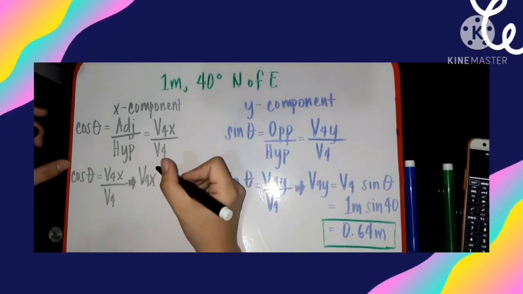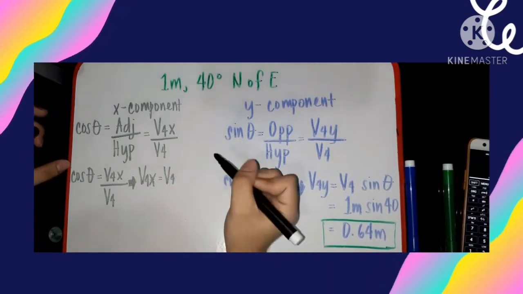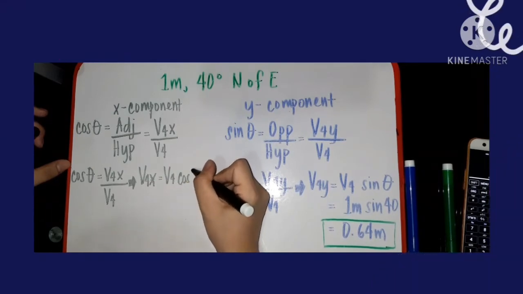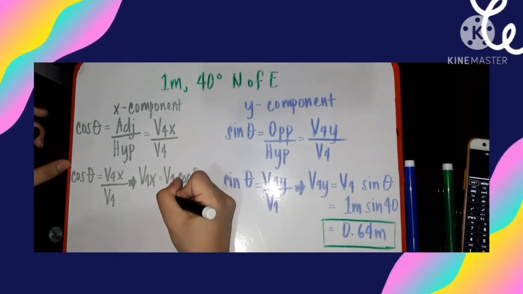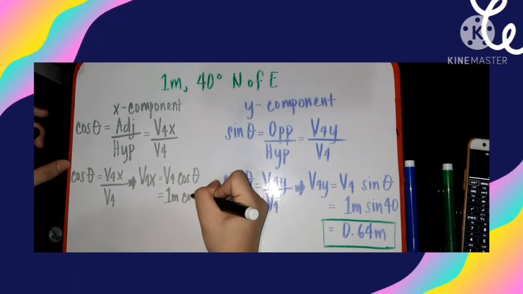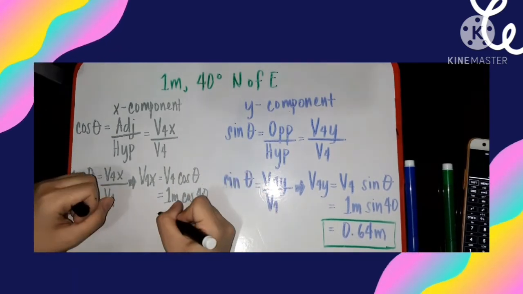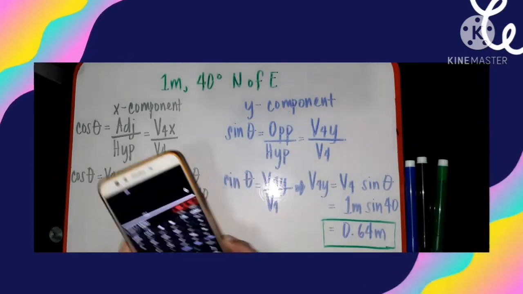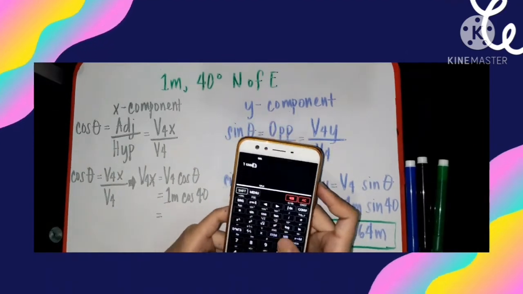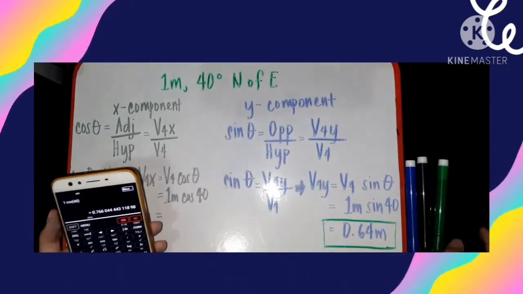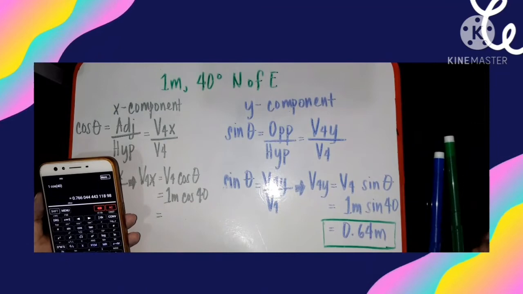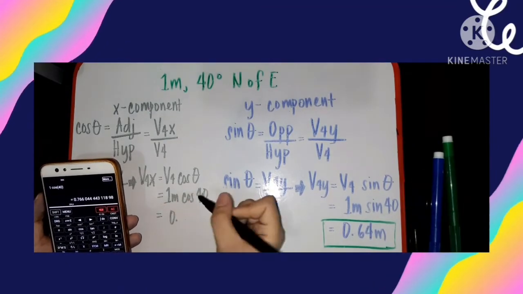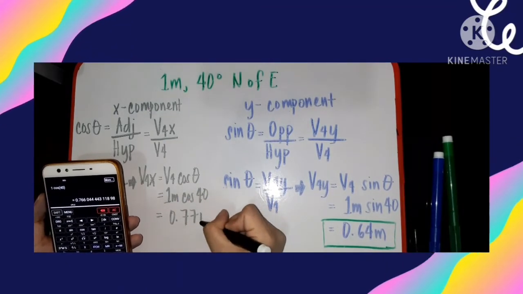V4x is equal to V4 cosine theta is equal to 1 meter cosine 40 is equal to 0.77 meters.